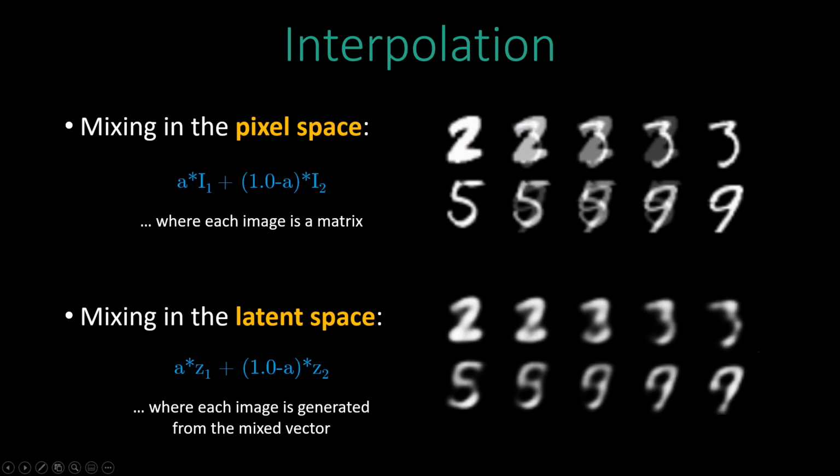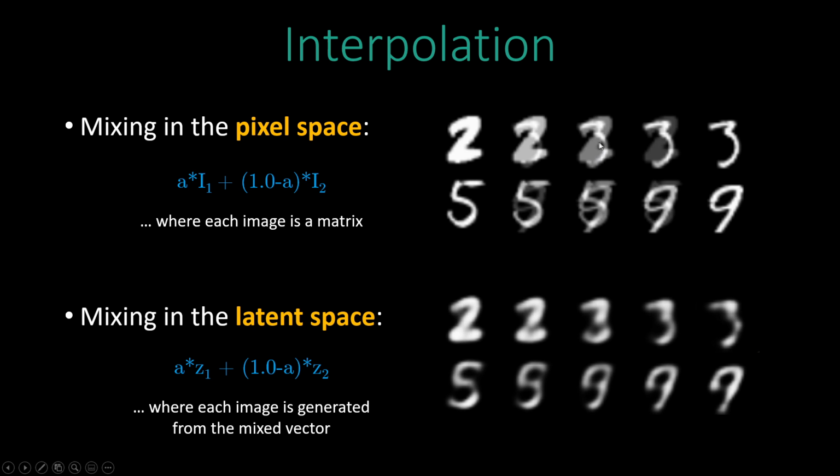This is really interesting, because if we were to naively mix images, say a matrix of 28 by 28 pixels, and take half of this image and half of this image, you will get a messy thing like here, where both of the numbers are visible.